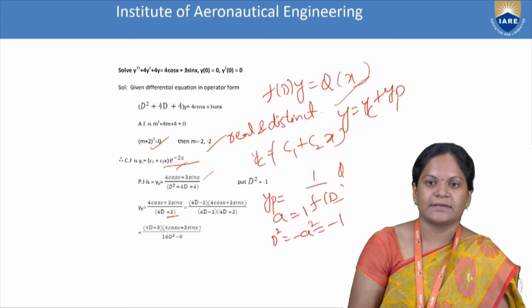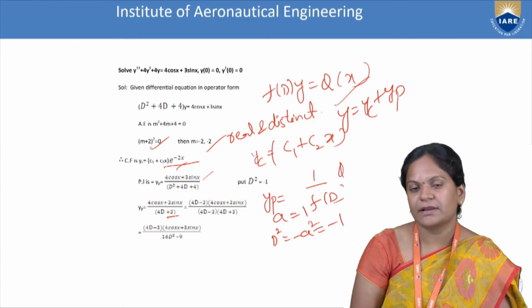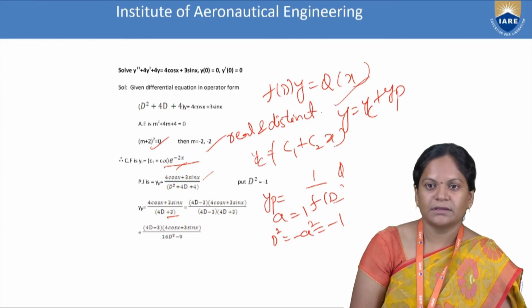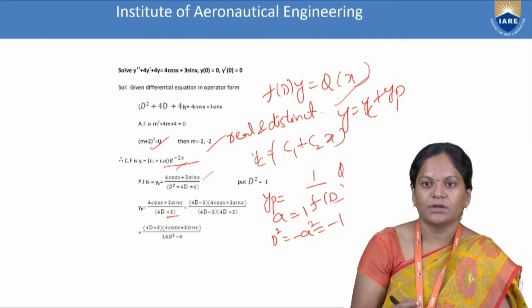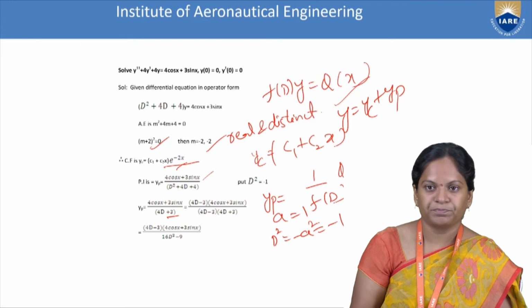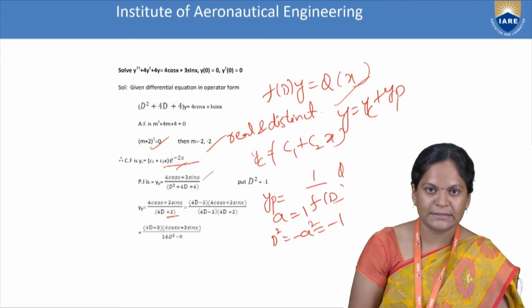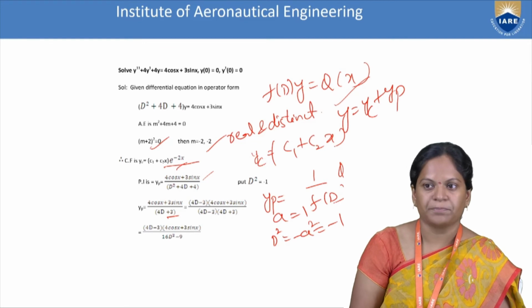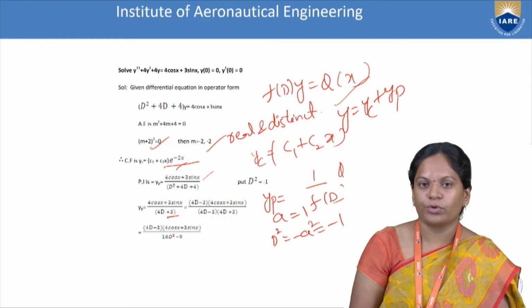Now take the rationalizing factor. What is the rationalizing factor of 4d plus 3? Change the sign: if it is plus, we take minus, so 4d minus 3. Multiply and divide with 4d minus 3.